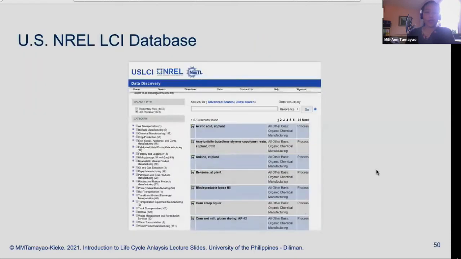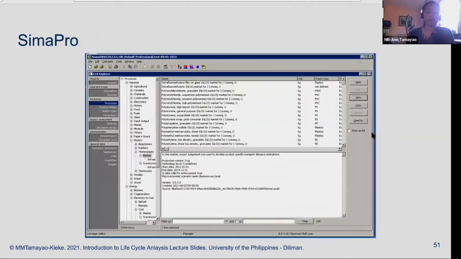So this is an example from the NREL LCI database. You can see here the different unit processes and some description. But if you explore their website further, you will see that they have a very good documentation process. And for each of the unit processes, there's a very good set of metadata available. This is for SimaPro.